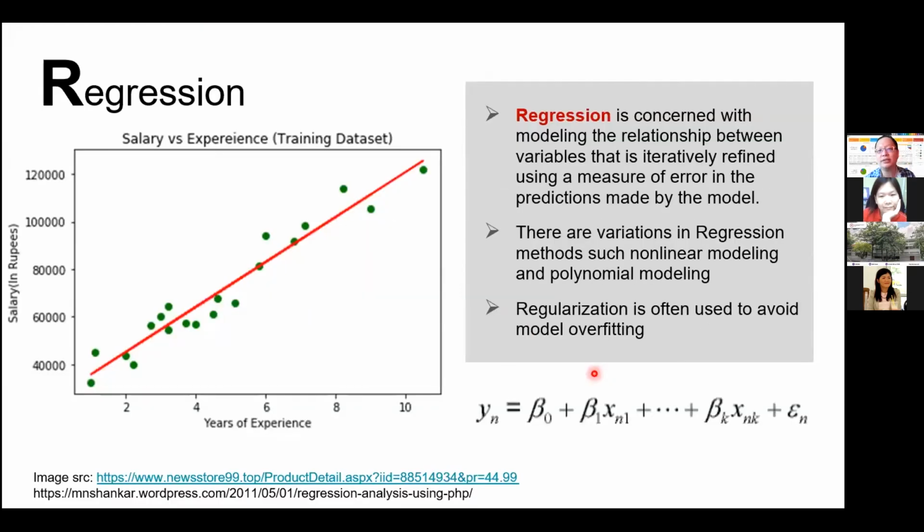Okay, the first one is very simple, and I think everyone here is already familiar with it. It's called regression. Regression tries to model the relationship between one variable and another variable. I believe in social science research, we call this the independent variable. Right?